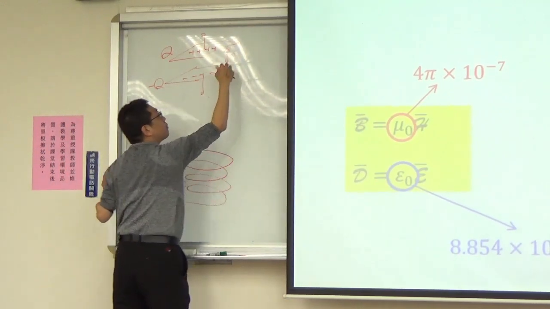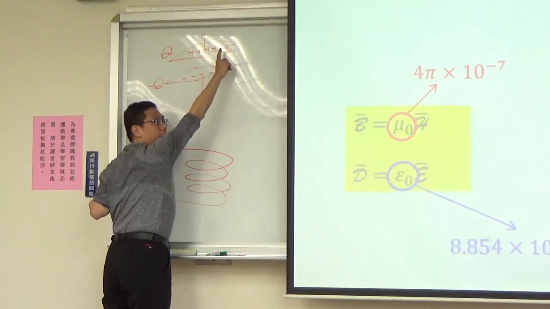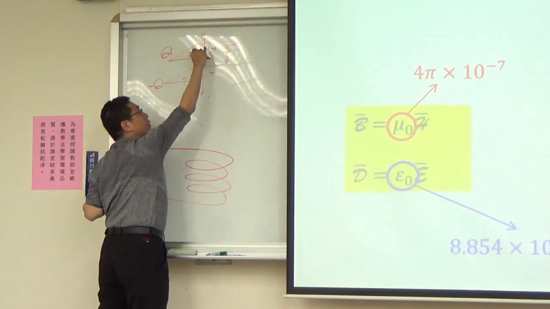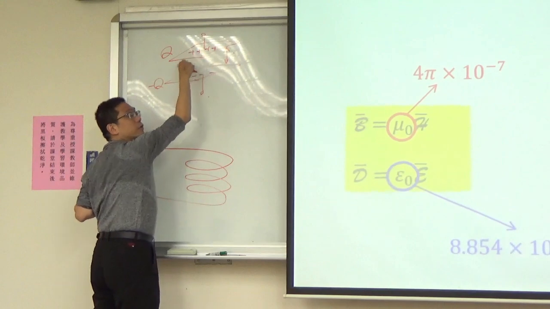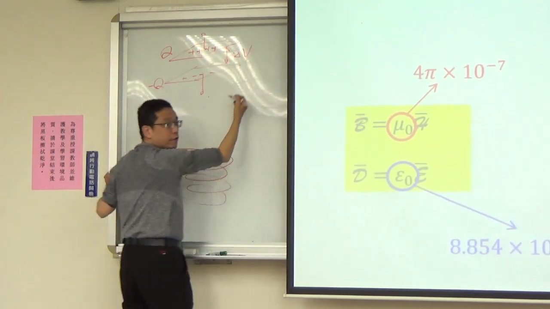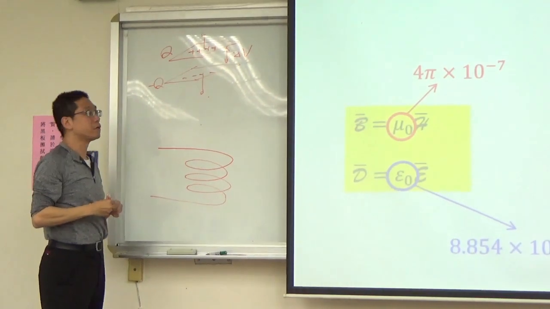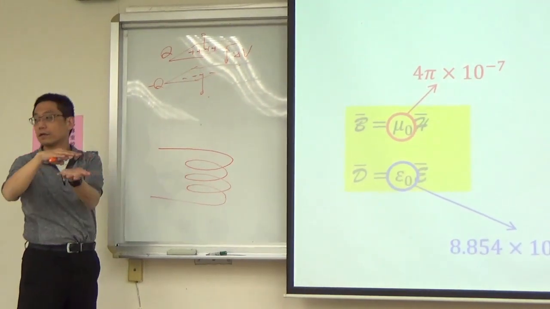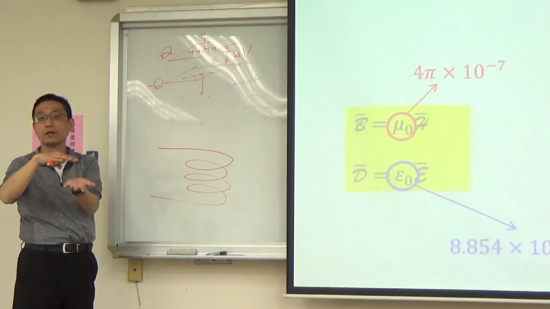The difference of voltage between these two plates is delta V. This is the capacitor. You guys know capacitor.